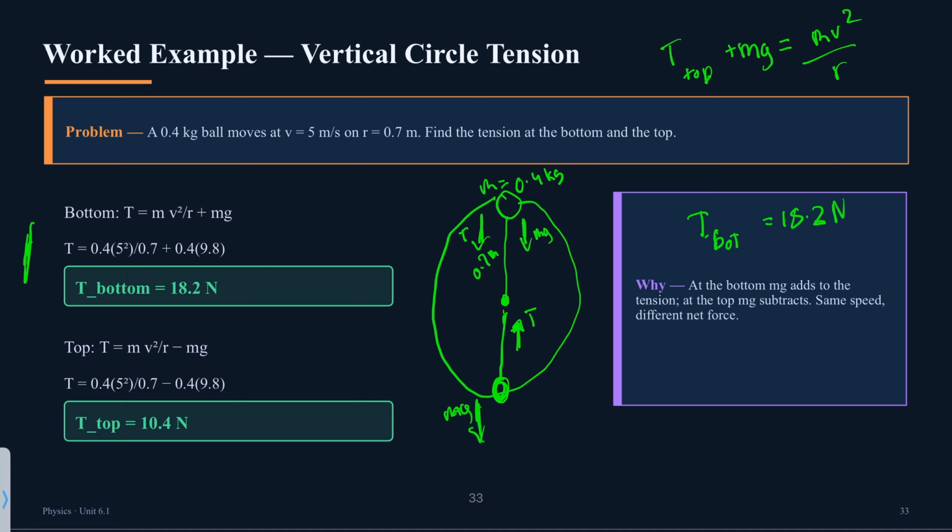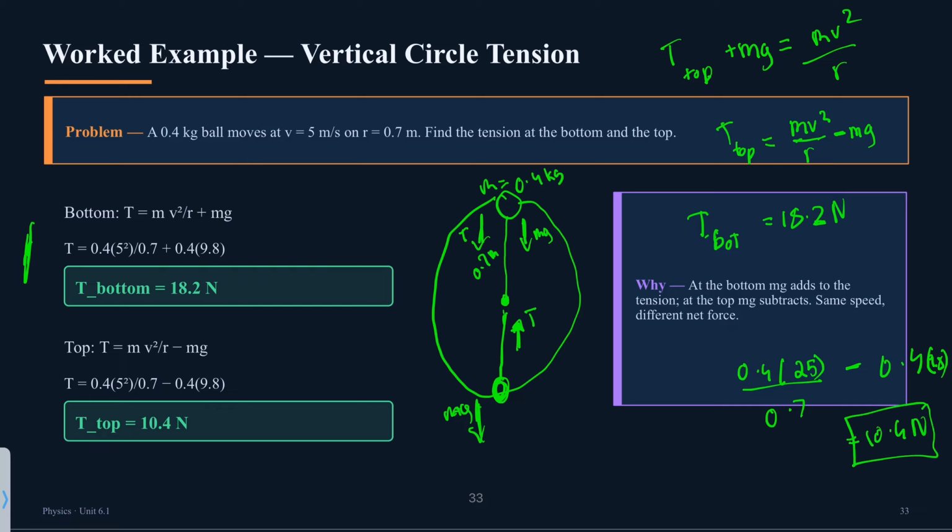So tension at the top is mv squared over r minus mg. So it's about 0.4 times 25 over 0.7, but this time minus 0.4 times 9.8. So about 10.4 newtons.